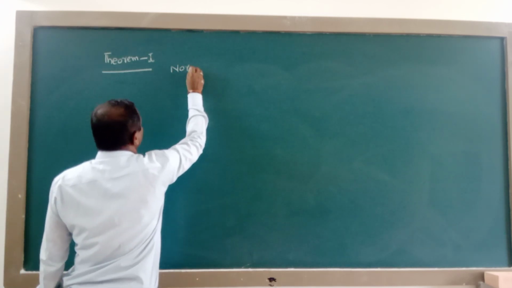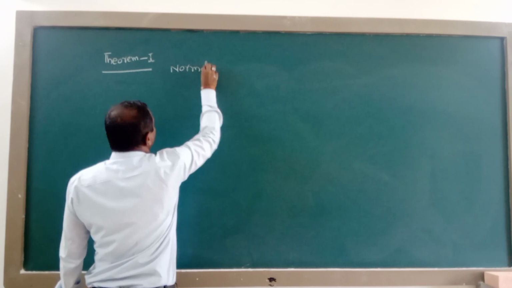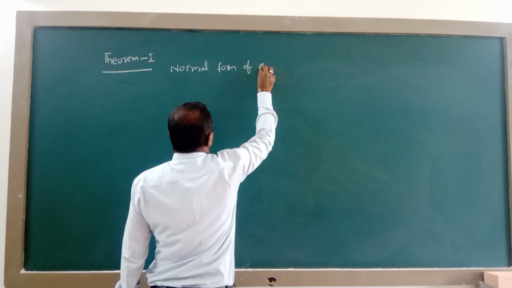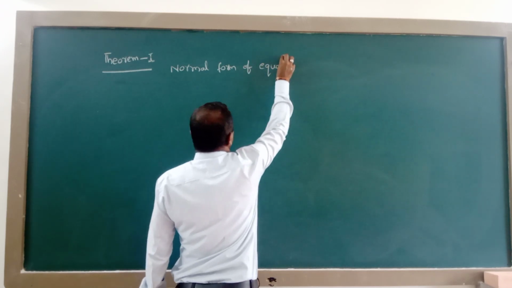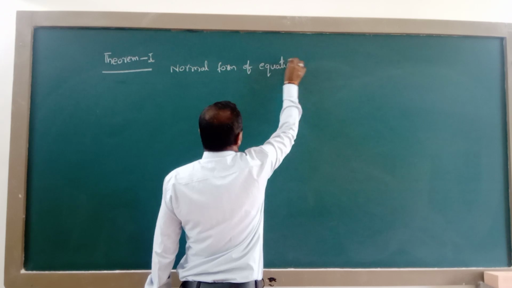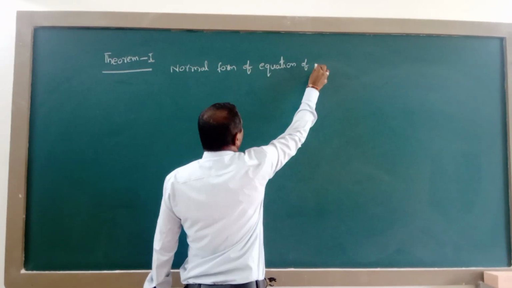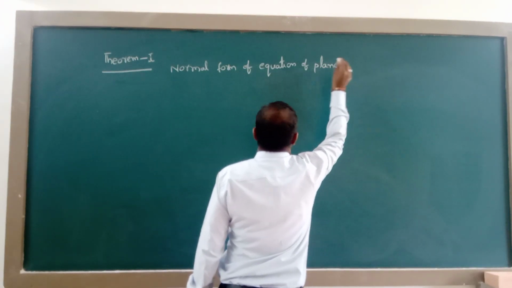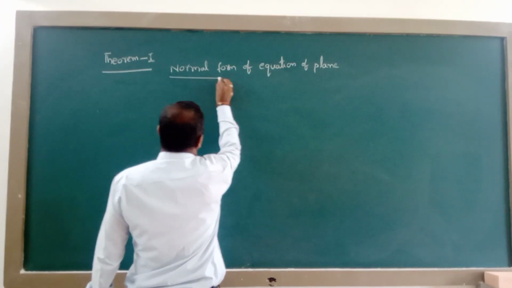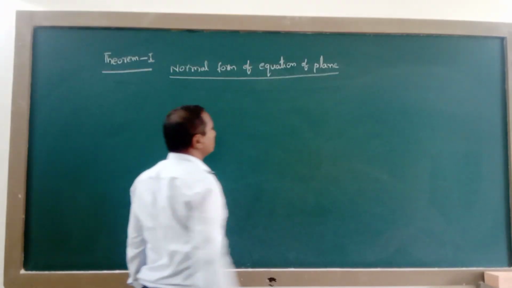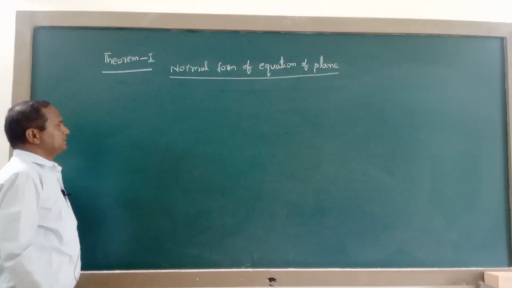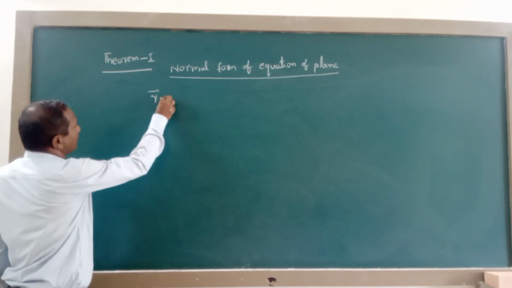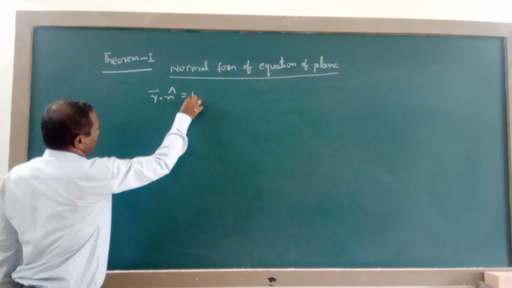Normal form of the equation of a plane. Its equation is always in the form r vector dot n cap equals p.